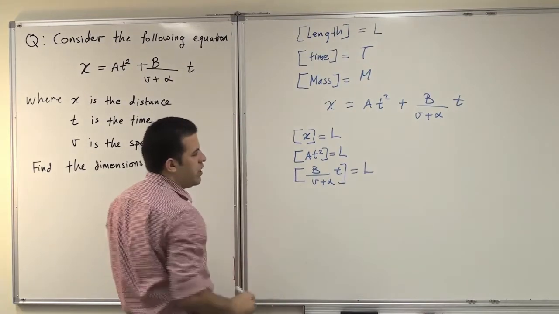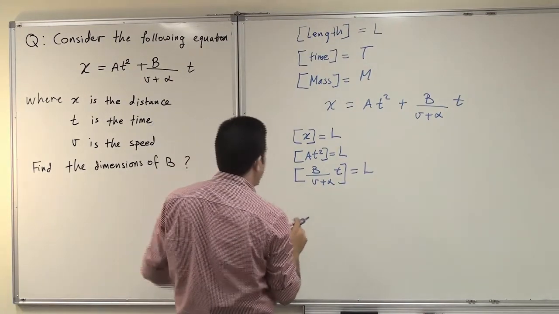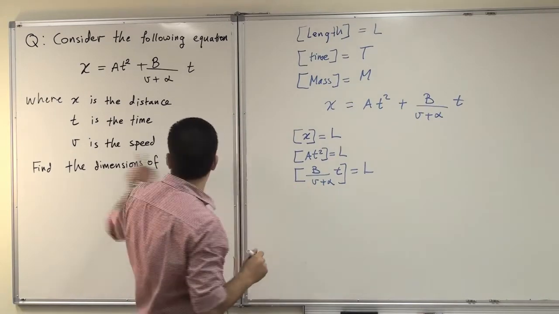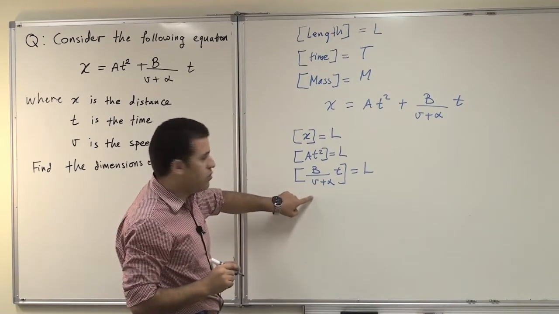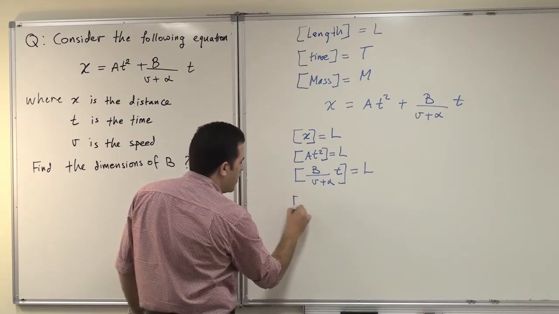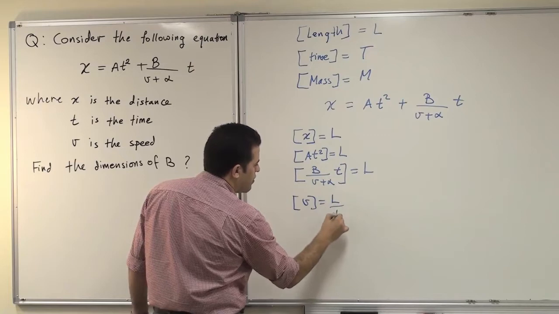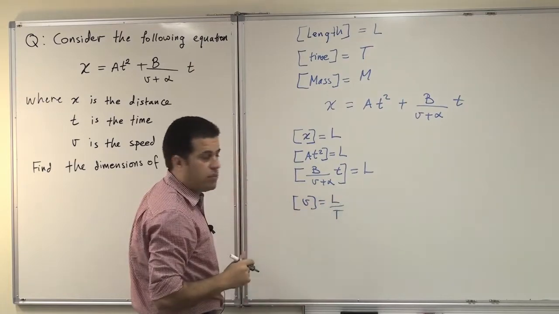So the unknown is b, but there is other information given in the question, which is that v is the speed, and we know the dimensions of v should equal L divided by T, length divided by time.